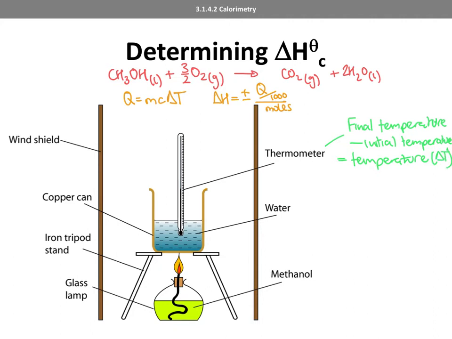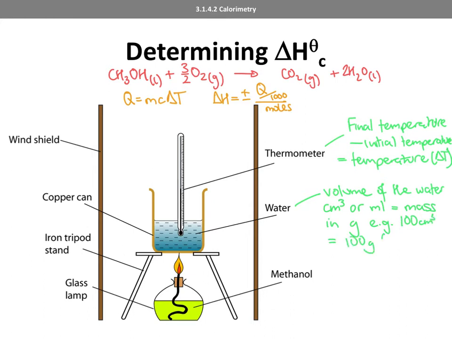The water, we would measure the volume. So the volume of the water, and that can be in centimeters cubed or milliliters. They are both the same unit of measure. That equals the mass in grams. So for example, if we had 100 centimeters cubed, that equals 100 grams.